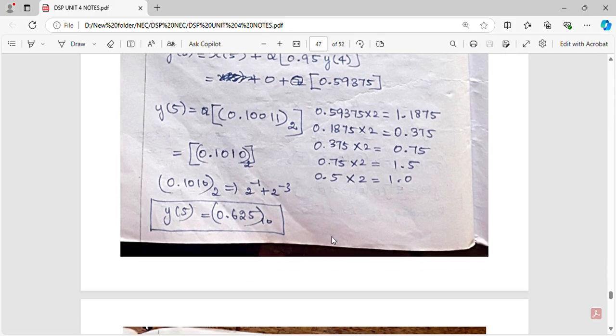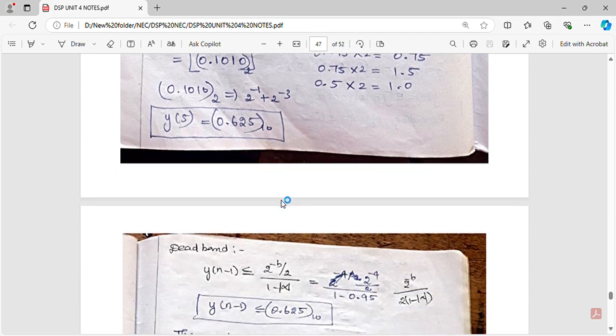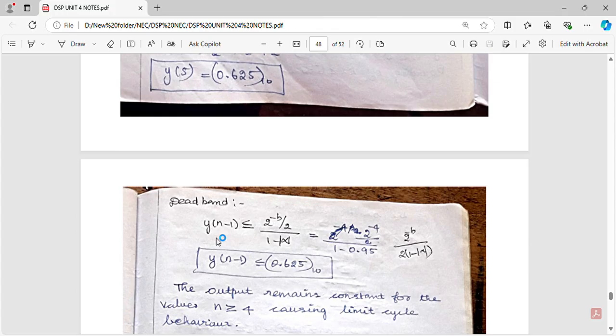calculation, and I can verify this 0.625 by using the formula. We know the formula for the deadband, that is y of n minus 1 is equal to 2 power minus b by 2 divided by 1 minus alpha. Alpha is the constant in the question, where we have alpha into y of n minus 1.